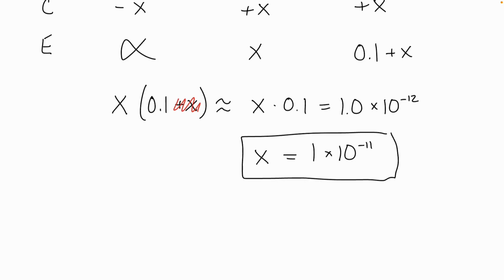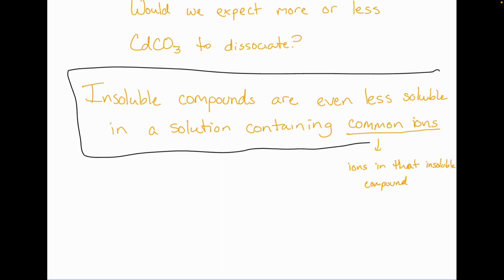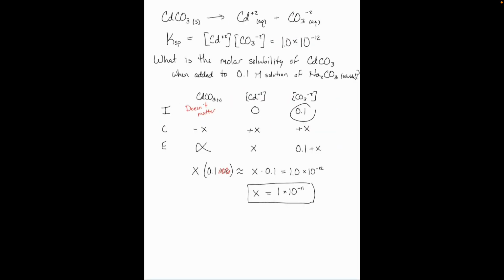So again, the whole point here with this common ion effect is that ionic compounds are even less soluble in solutions containing a common ion. And we were just able to establish that quantitatively in that particular problem, starting out with a solution that didn't just contain 0 moles of carbonate, but contained that 0.1 molar carbonate.